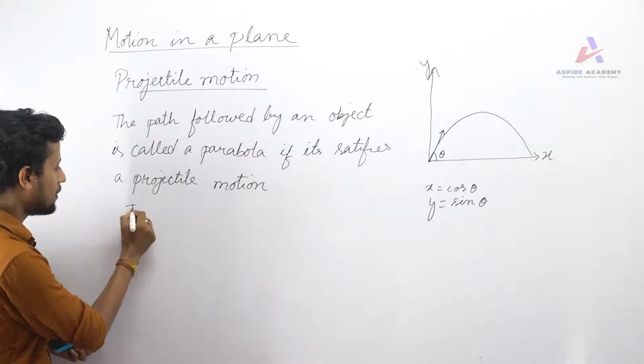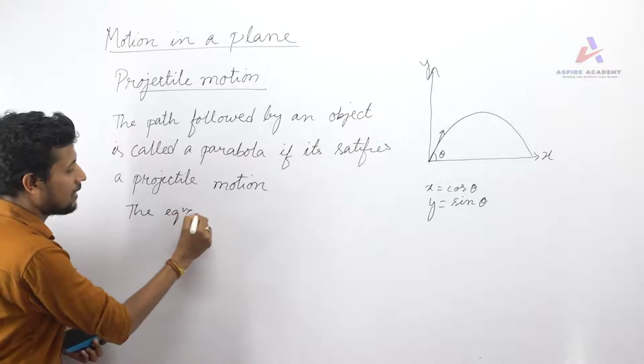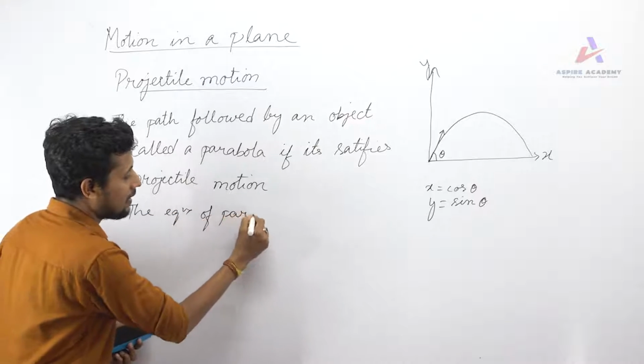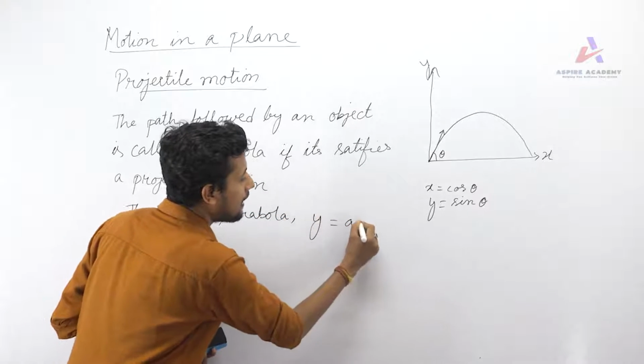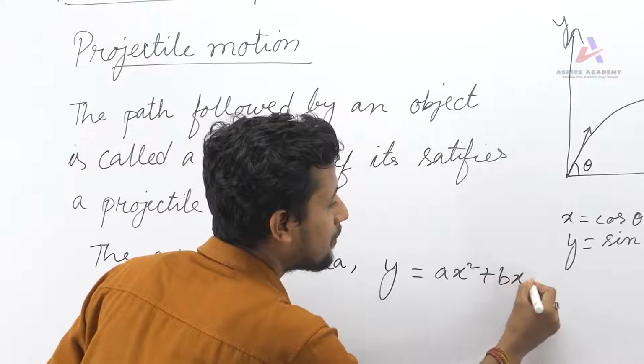We know that the equation of a parabola is given as y equals ax square plus bx plus c.